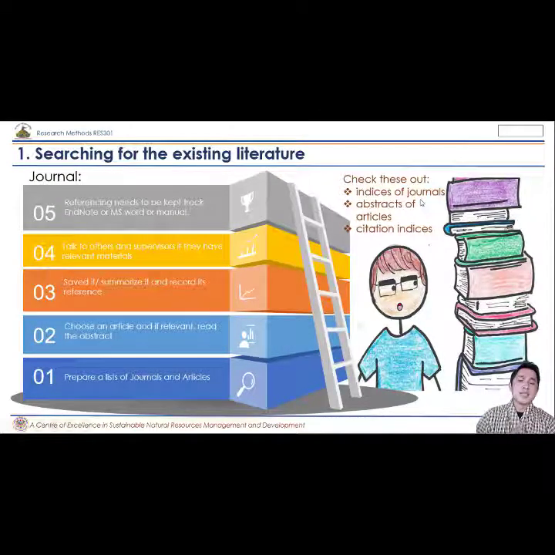Indices of journals are the platform, or you can say the place, where there are lots of journals. So check that. Type just indices of journals in a website, and you will see that lots of journals are there. Abstracts of articles can also be obtained freely through the internet.